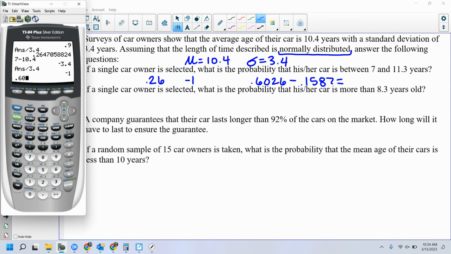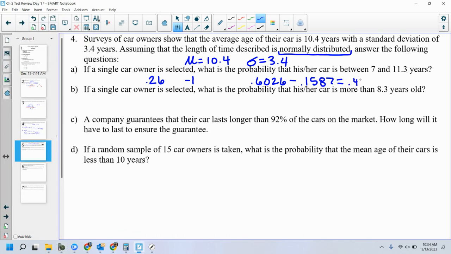So 0.6026 minus 0.1587 gets me 0.4439. Again, about a 44% chance that if you randomly select a car, its age, not its average age, is between 7 and 11.3 years.